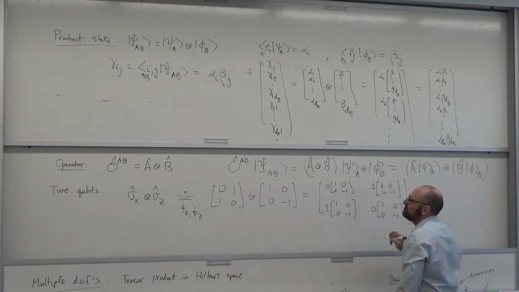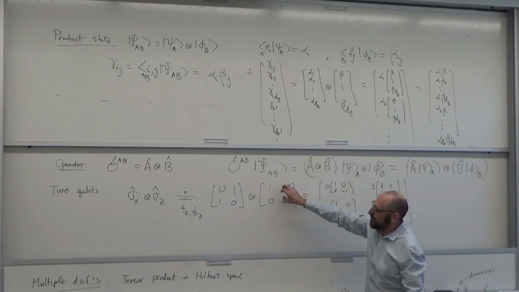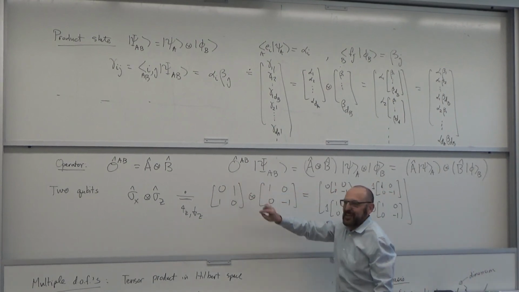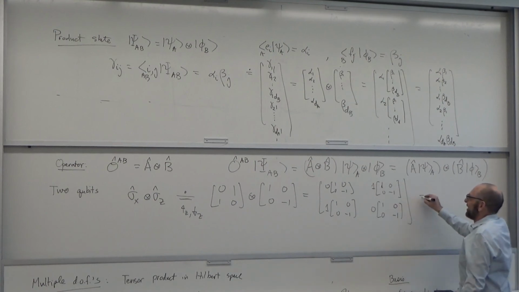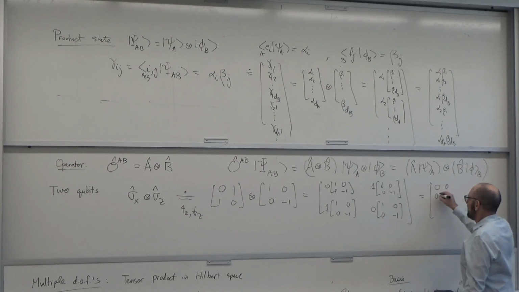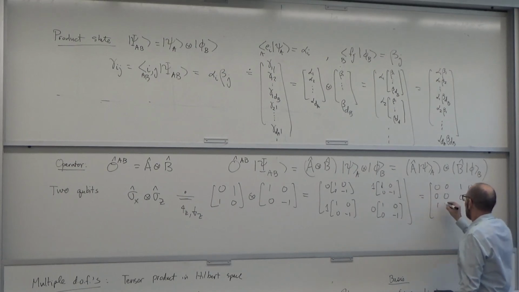You see what I did? If you're not familiar, I shoved this into each element. That's how I take the tensor product. Maybe you don't do it that way, but that's how I do it. So this is 0, 0, 0, 0, 1, 0, 0, minus 1, 1, 0, 0, minus 1, 0, 0, 0, 0.